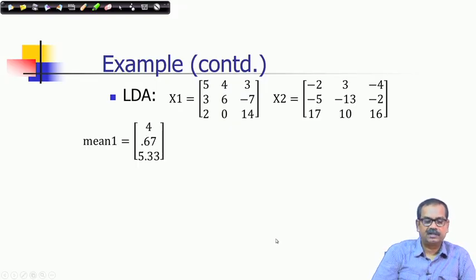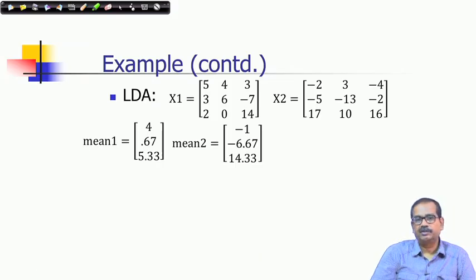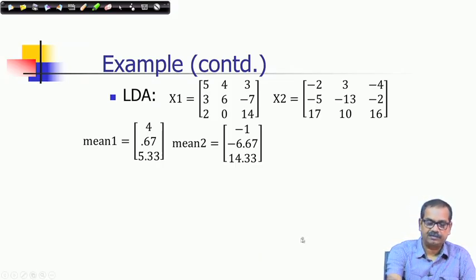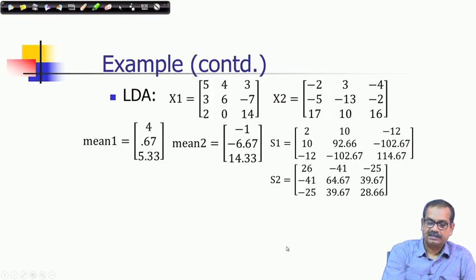The mean of x1 is m1, and the mean of x2 is m2, in the notation we discussed earlier. This is the scatter matrix S1 for x1. Similarly, you compute the scatter matrix S2 for x2.